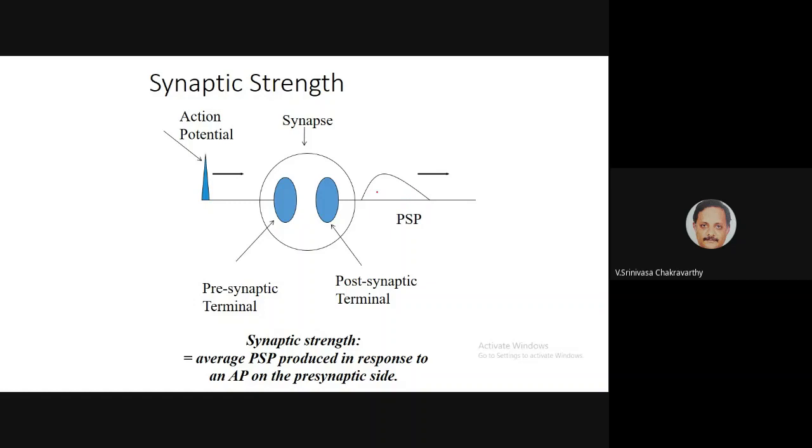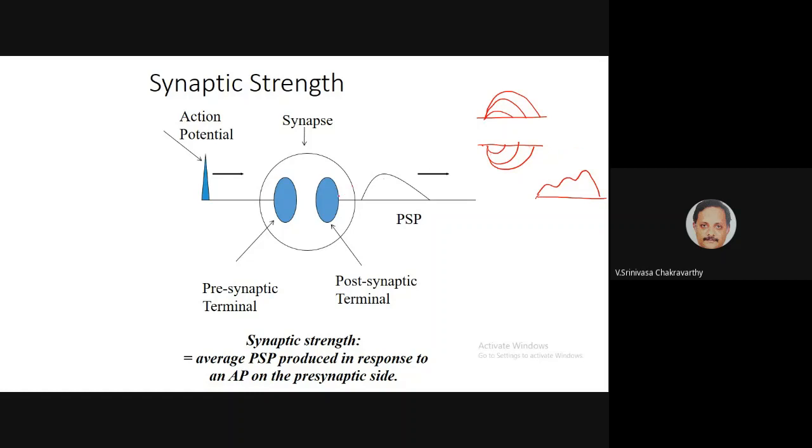That means it can take many values in terms of amplitude. It can also be positive or negative. And we also know that you can have this kind of temporal summation where PSPs due to multiple action potentials add up to produce a large wave. Okay, so we have all seen all this.